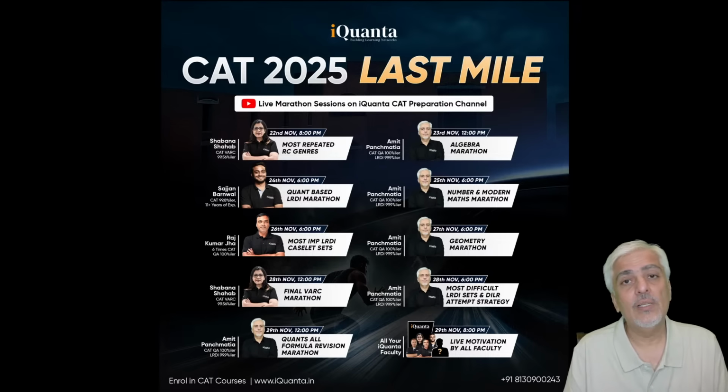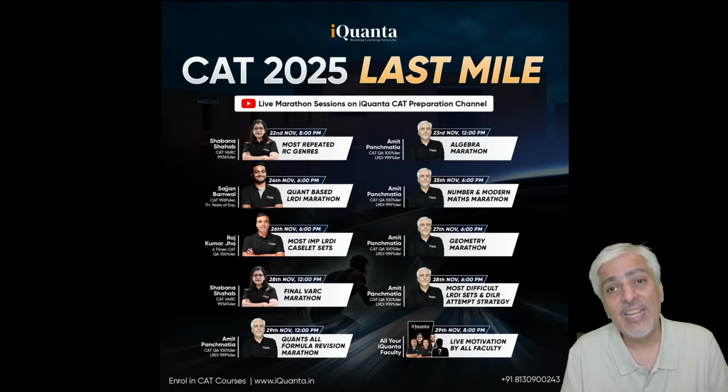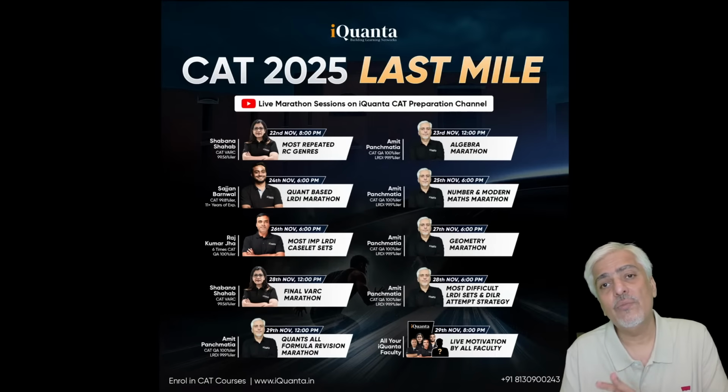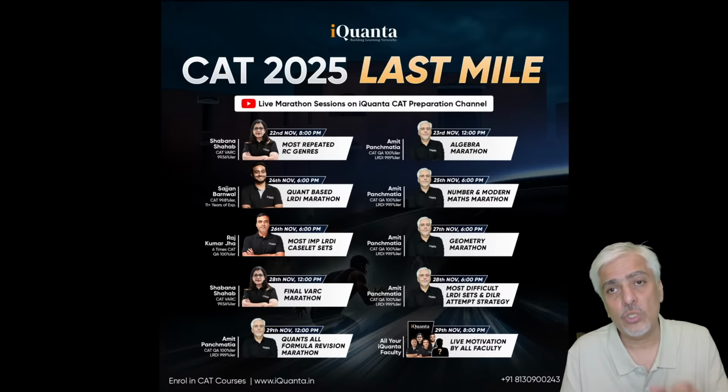What else? My gut feeling is that quant is going to be much easier this year, compared to 23, definitely somewhere close to 24. 24 also was easy, I think. Quant will be somewhere close to 24; it will not be too difficult. Arithmetic should still rule the roost.